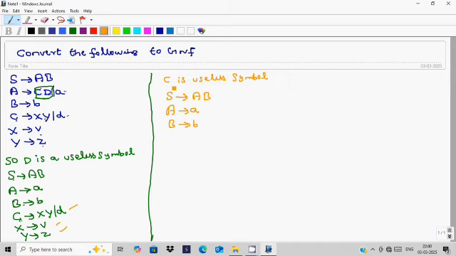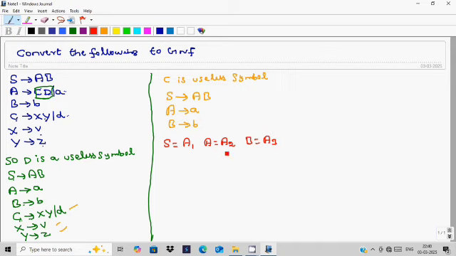Now we will ensure whether this final production set is in Chomsky normal form. Yes, it is in Chomsky normal form. Now we will rename it. We name S as A1, A as A2, and B as A3.